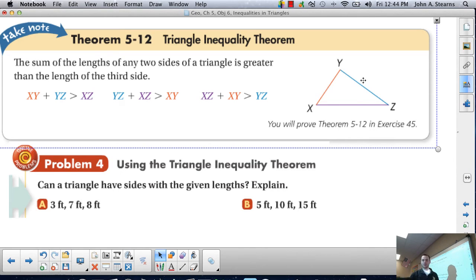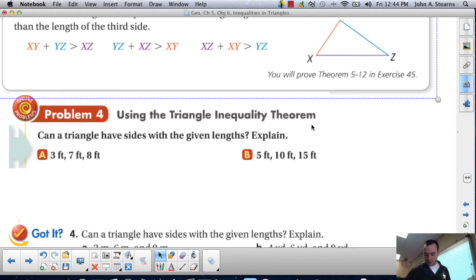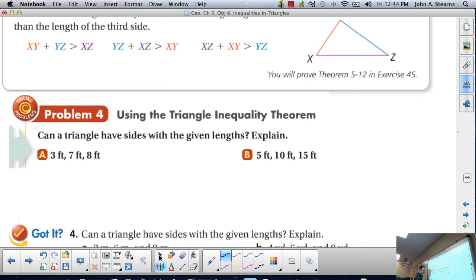Okay, now in problem 4, we're going to relate that information to decide whether or not these can be the sides of a triangle. So if you look at problem 4, we've got 3, 7, and 8 for our side lengths. According to this theorem, two sides have to be larger than the third side. So let's see if that holds for this information. 3 plus 7 is greater than 8, so this one checks out.